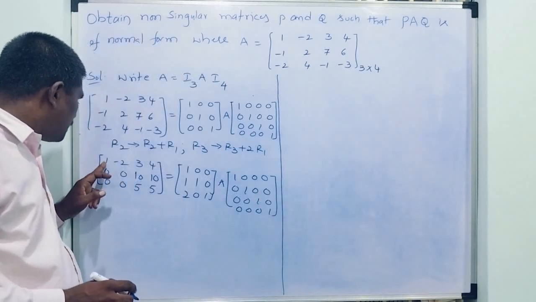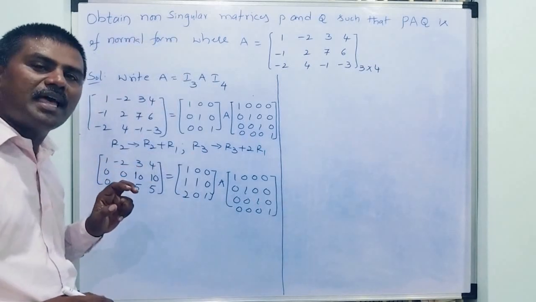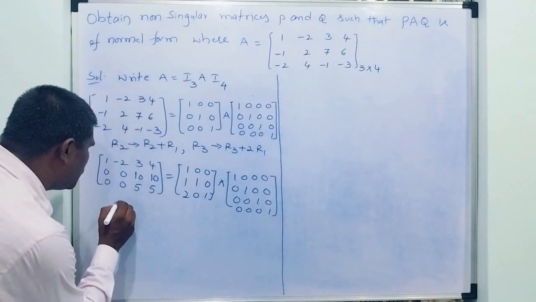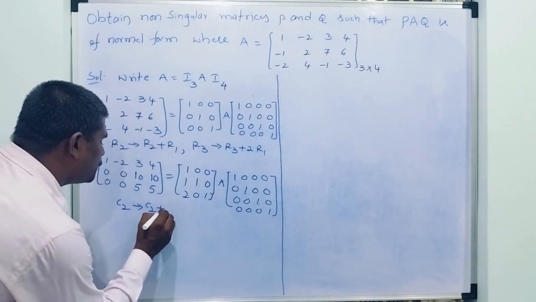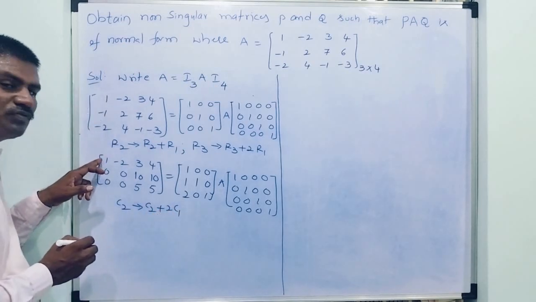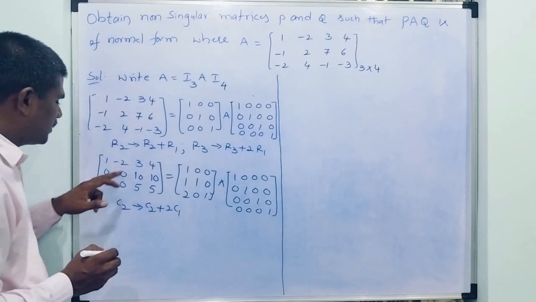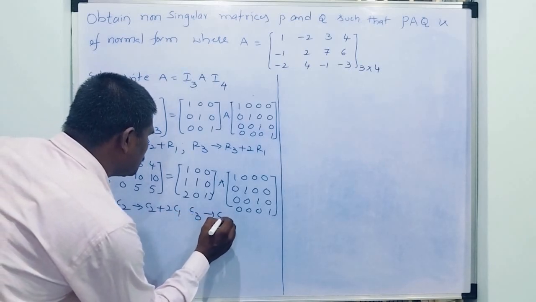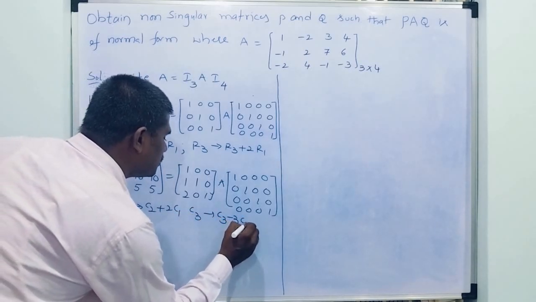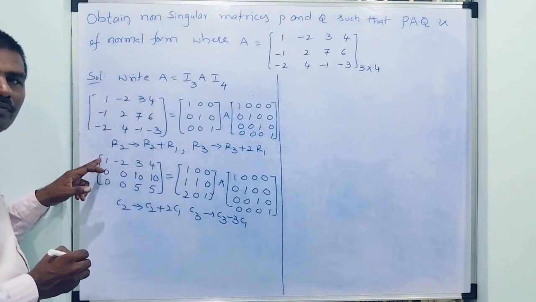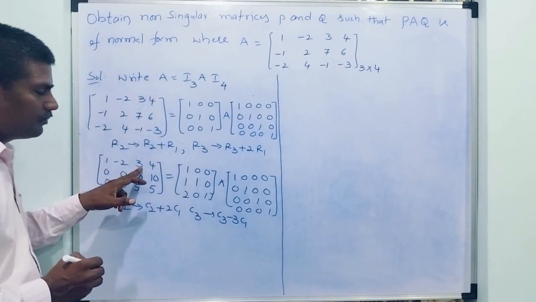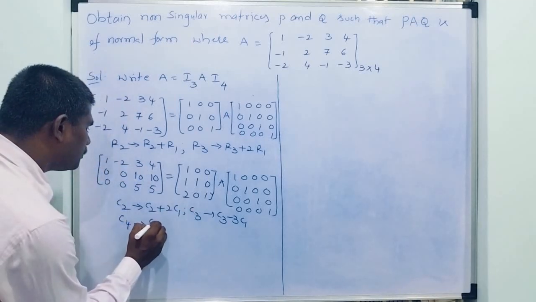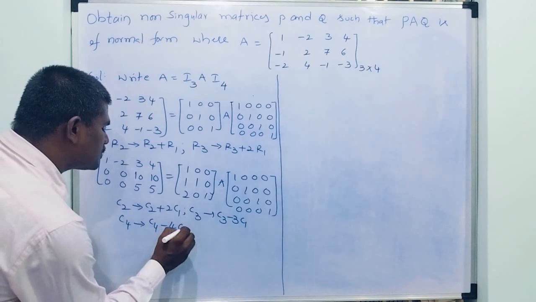Now use the same element and make these three elements 0. That means C2 tends to C2 plus 2C1, multiply the first column with 2 and add to this one. C3 tends to C3 minus 3C1, multiply with 3 and subtract from this column. And C4 tends to C4 minus 4C1.